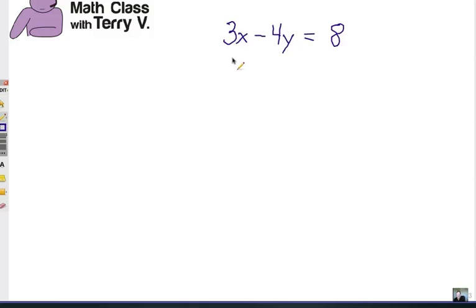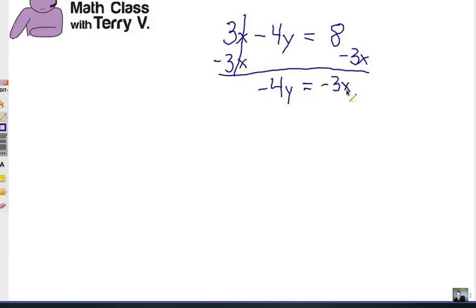Let's take the equation here and convert it into slope-intercept form, which means we're going to have to subtract 3x from each side. We want the y to be all by itself on the left, and those 3x's cancel each other out, so it leaves me with -4y equals, now these are unlike terms, I can't subtract those, so I'm just going to line them up, but I'm going to put the x term first because that's what slope-intercept usually looks like.